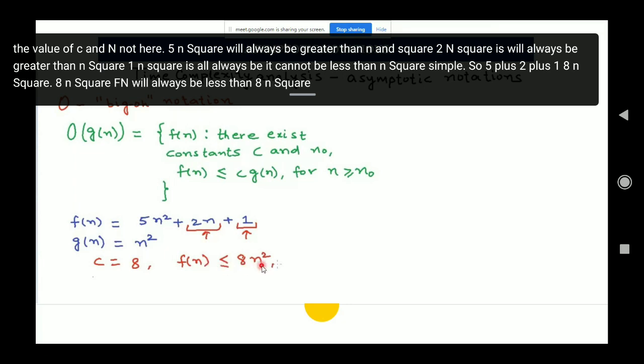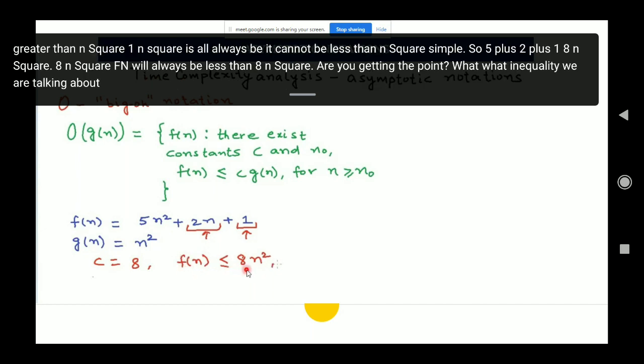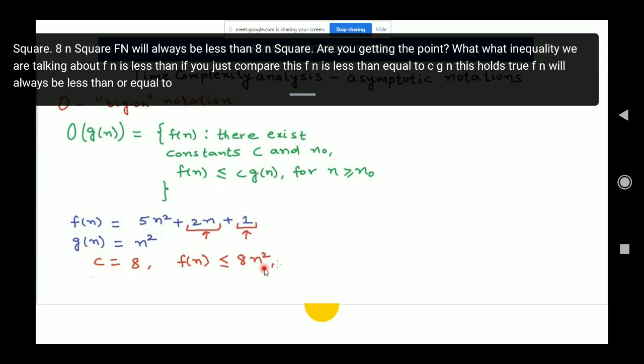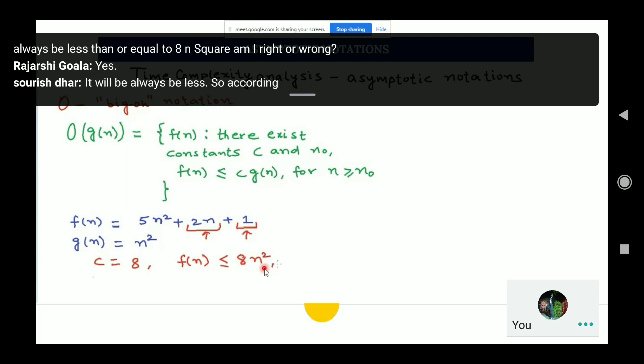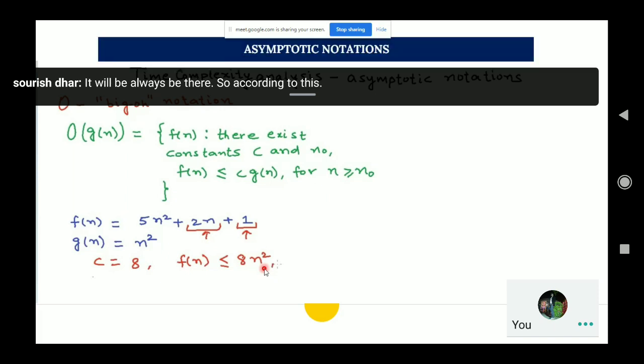Are you getting the point? What inequality are we talking about? f(n) is less than or equal to c g(n), and this holds true. f(n) will always be less than or equal to 8n square. Am I right or wrong? Yes, sir. It will always be less.